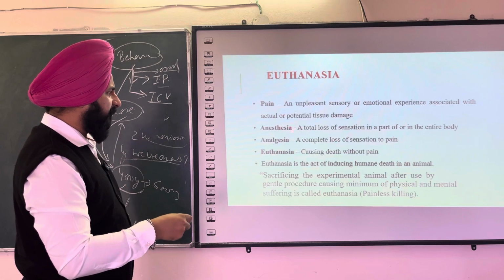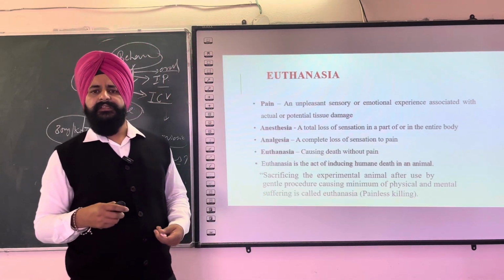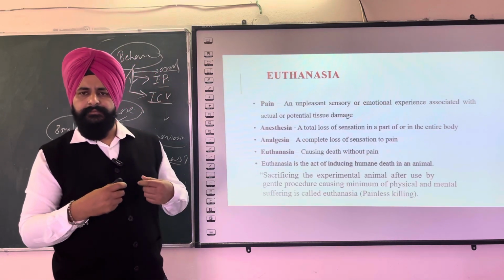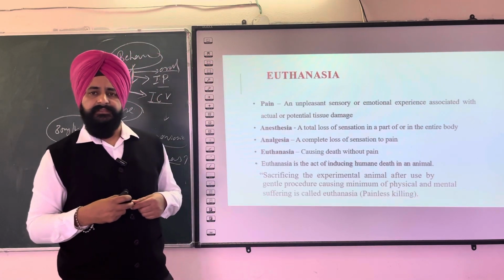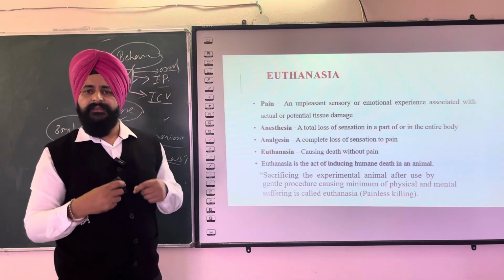So what is anesthesia? There are types of anesthesia. You can give anesthesia by an oral route, IP route, or any other route. The second is anesthesia by the inhalation route.